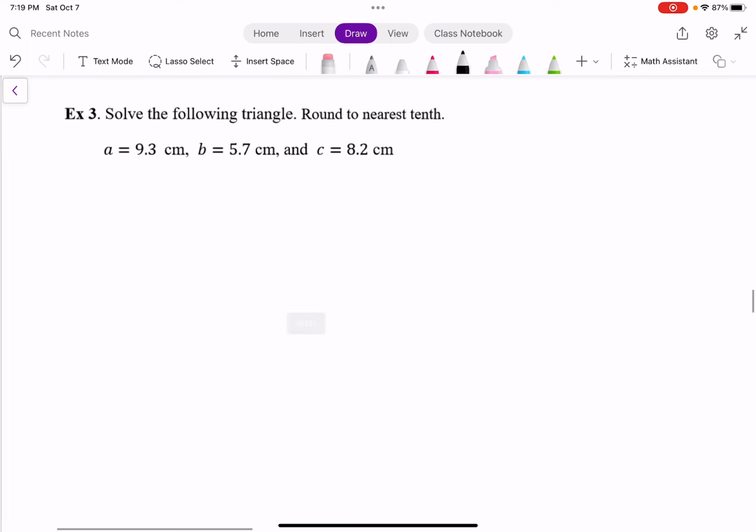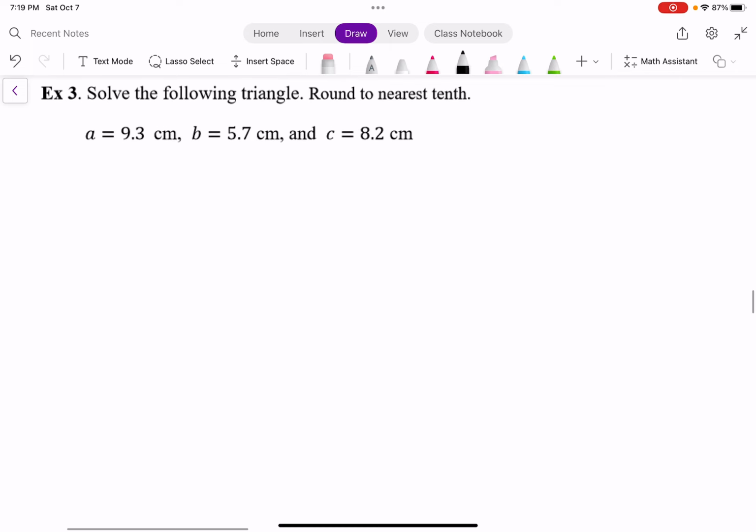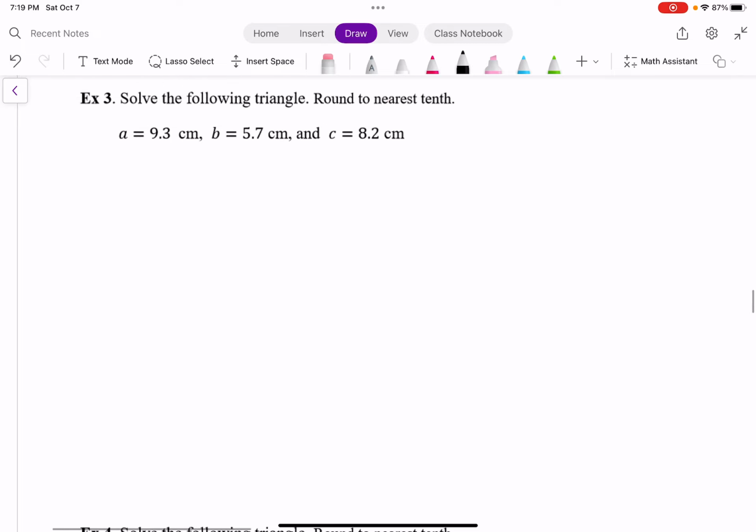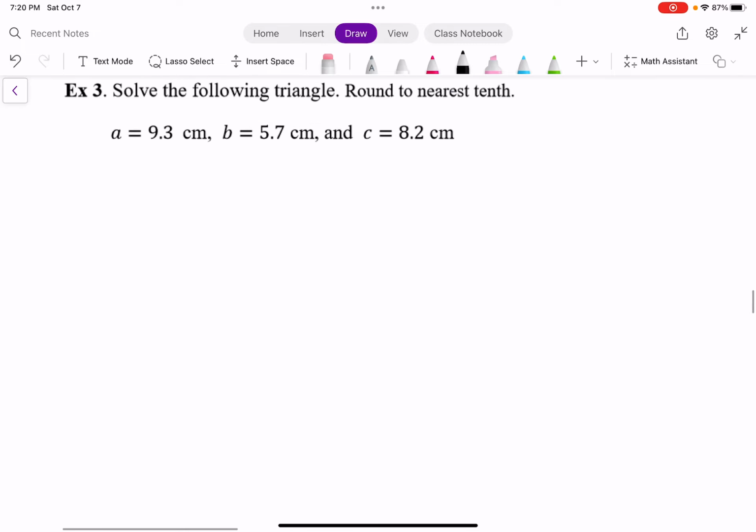Let's see from the example 3. Solve the following triangle, round to the nearest tenth. So maybe I can graph it. For example, randomly draw a triangle and let's say ABC.